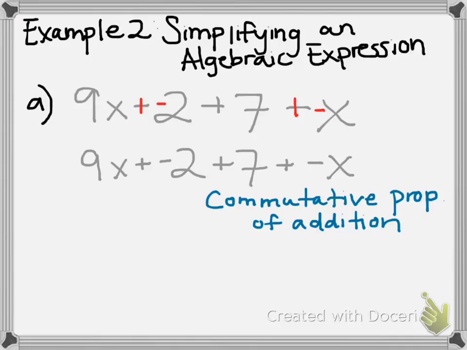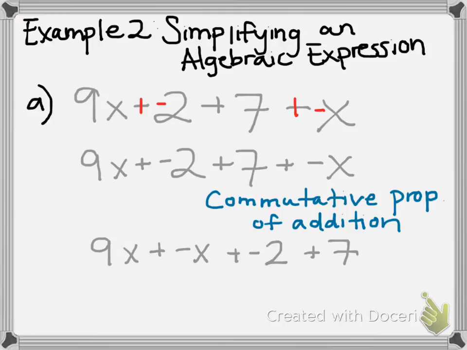So what do you think I should move next to the 9x? If I'm thinking about like terms, yes, I am going to go ahead and move that negative x over. So I'm going to have 9x plus negative x plus negative 2 plus 7.